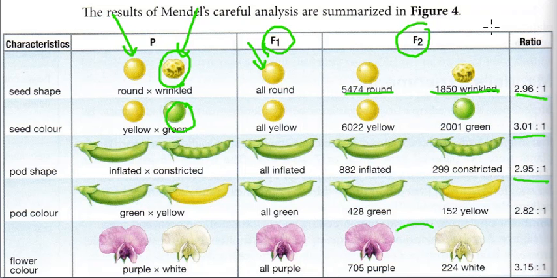So it's almost 3 to 1. These are his ratios, and they are more or less consistent in his results. I'm going to pause this video, and we'll come back with a simpler explanation of what happened. So give me a minute.